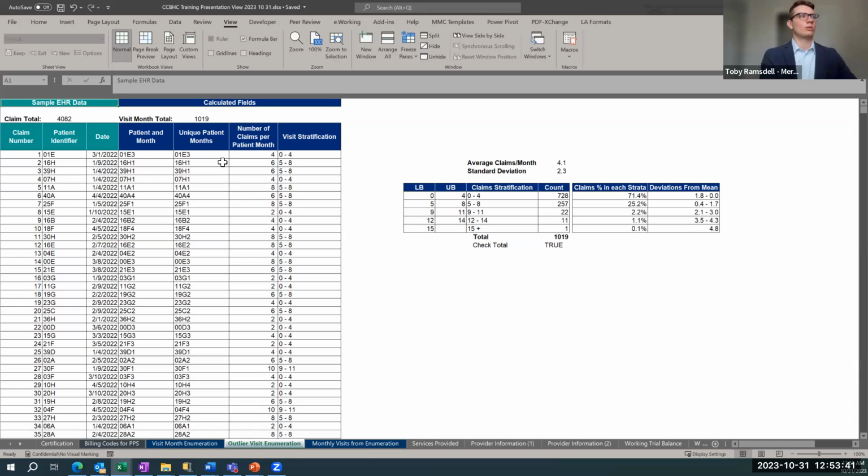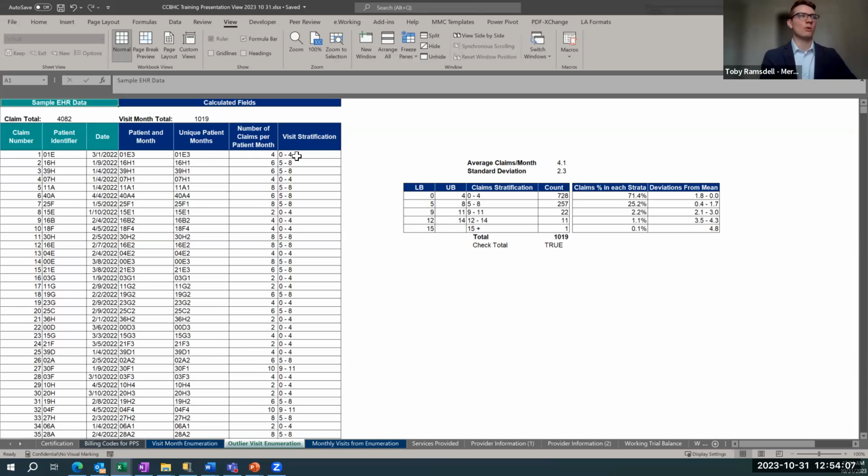And then I used a formula to determine which patient months are unique, since I only want to count each patient month once. From there, I could look at my total patient and month IDs and then look at my unique IDs to see how many times the unique ID occurred in the total data set. So in this example, 4 times.